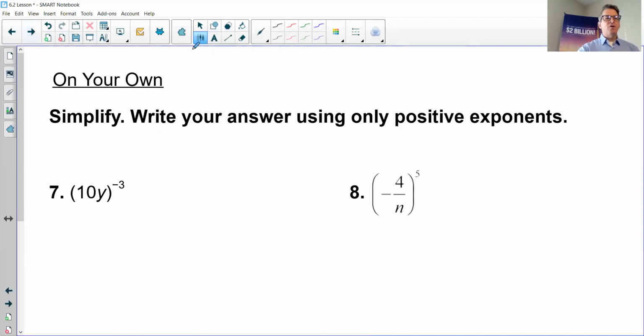All right, on your own, simplify, write your answer using only positive exponents. All right, 10y raised to the negative 3. Okay, so let's take care of the negative exponent. By the definition of a negative exponent, you have 1 over 10y to the third.